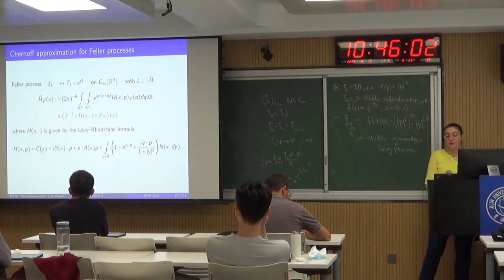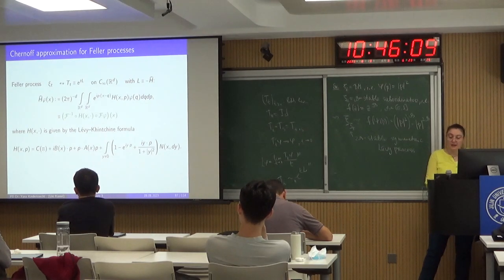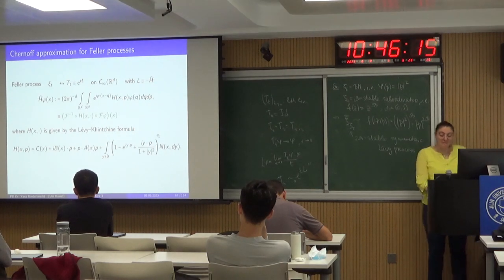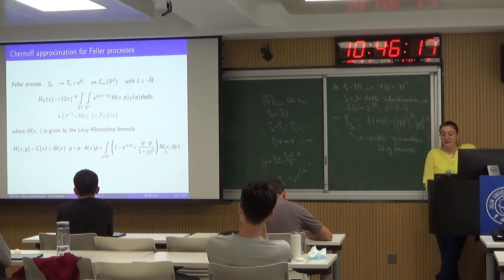If the coefficients are constant, then we have a Lévy process and everything is known. If the constants, this sigma and mu (it was mu yesterday, sorry), depend on x, then the situation is not that good. Once again, the generator is given by a pseudo-differential operator with symbol minus h.